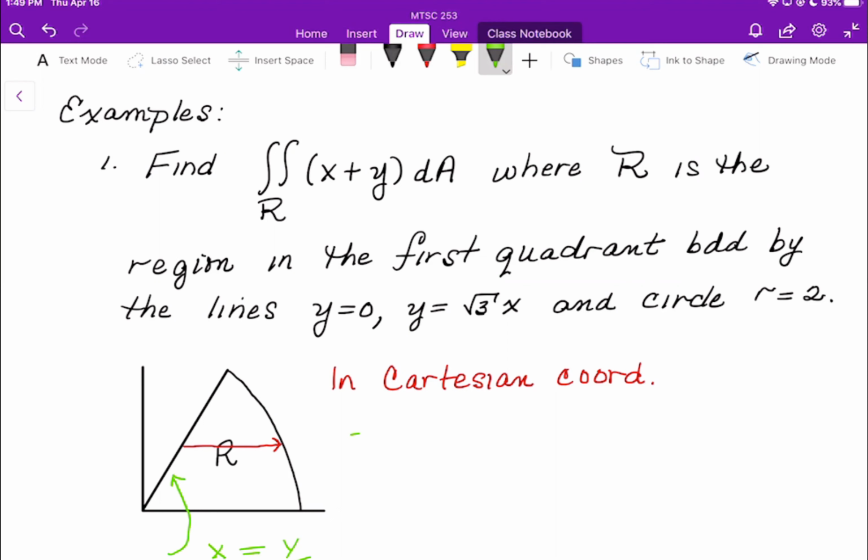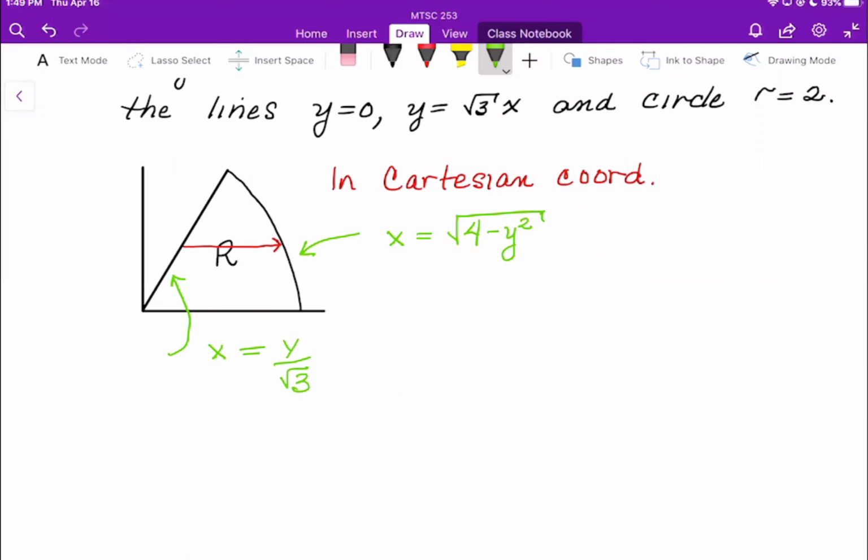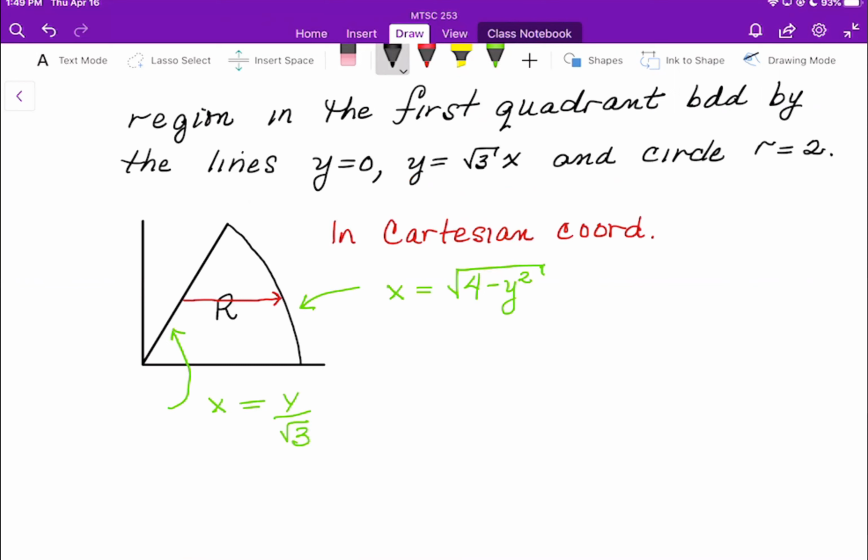But for this curve, I would have x is equal to the square root of 4 minus y squared, because it's a circle of radius 2. And that's not a whole lot of fun. I still have to figure out where these two meet.